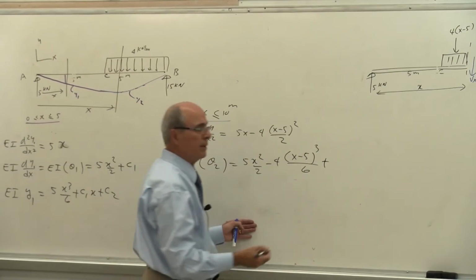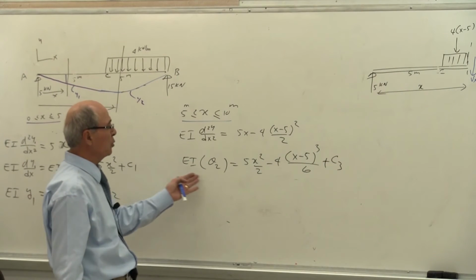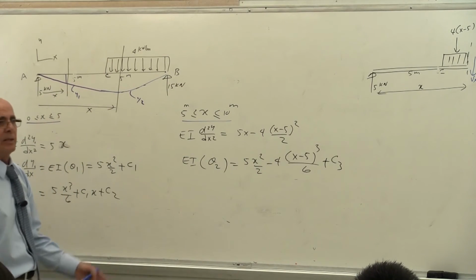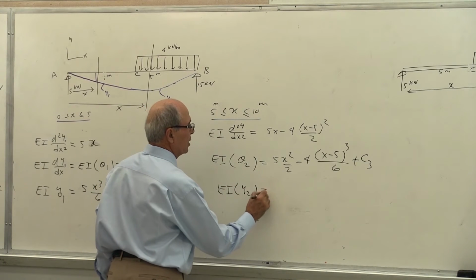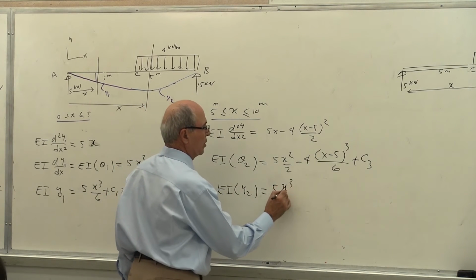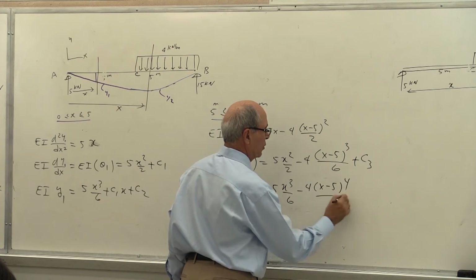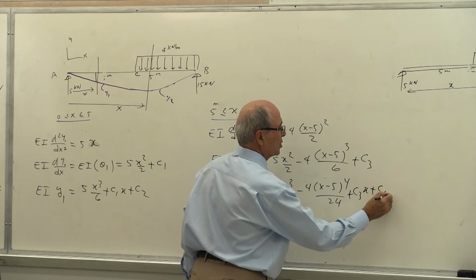I have to use C3 and C4. Is that correct? That is the equation of theta for the blue portion. Yes or no? Then I have to write the equation of y, y2 equal to 5x cubed over 6 minus 4 times x minus 5 to the power of 4 over 24 plus C3x plus C4.